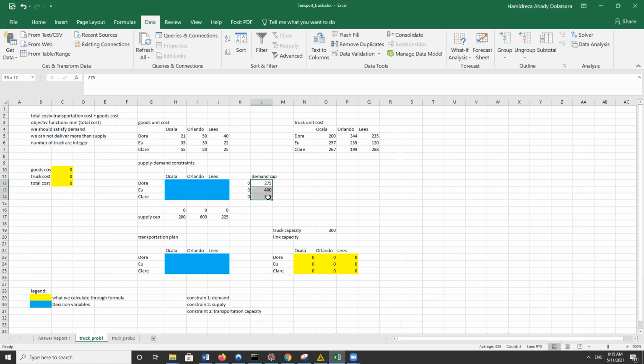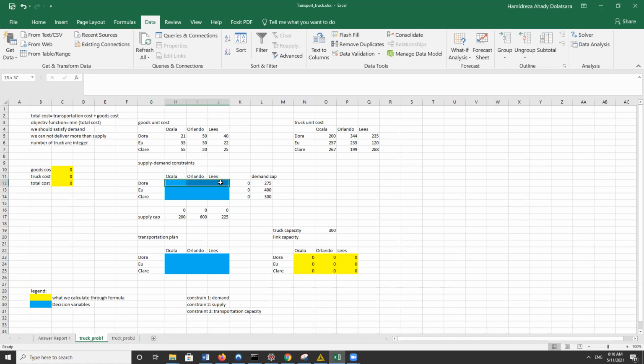This is the capacity of the demand. We need to fulfill them. And also these are the supply capacity. So, for example, given that Dora is a demand point, how many products you get from Ocala, Orlando, and Leeds.